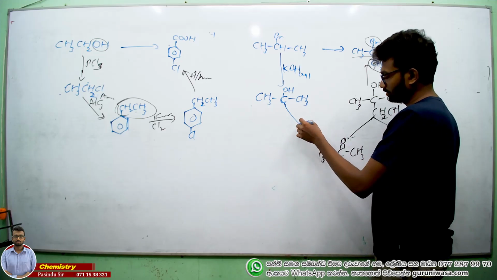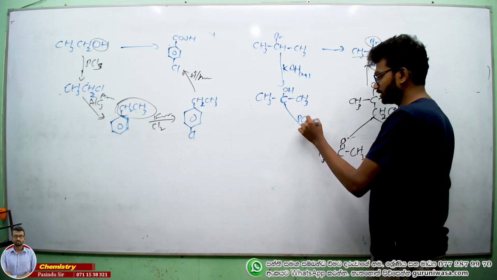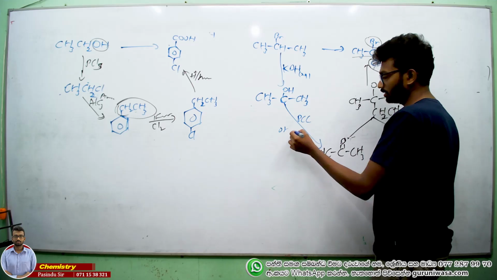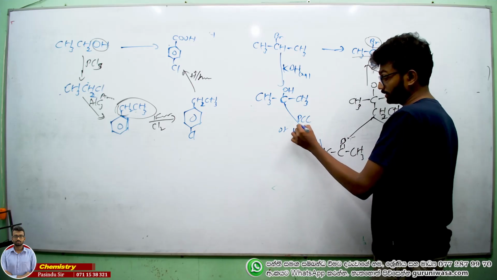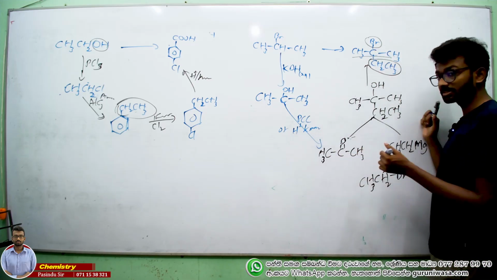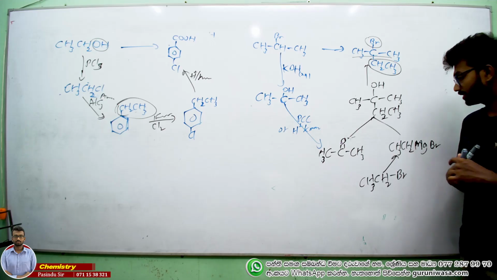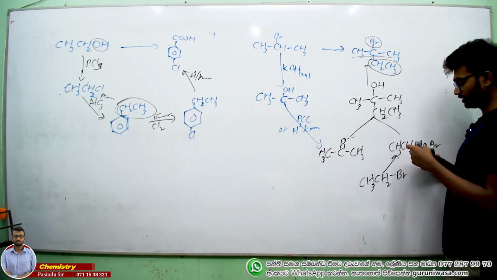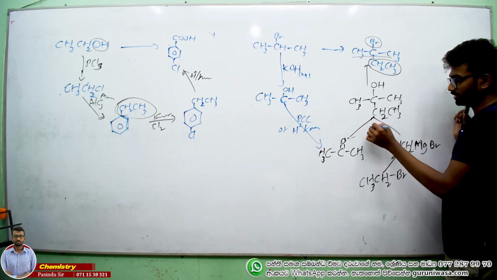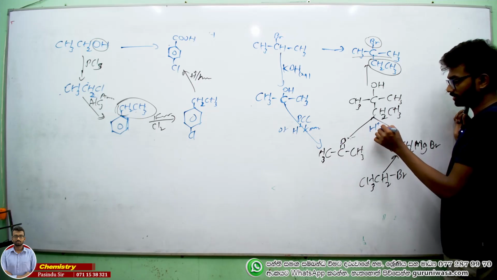Then you can add PCC, pyridinium chlorochromate, or just H plus KMnO4. This is valid because this is the maximum oxidation it can reach. So then you have to mix these two. After that you have to add, as a second step, H plus H2O.